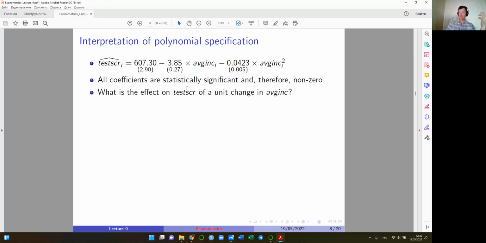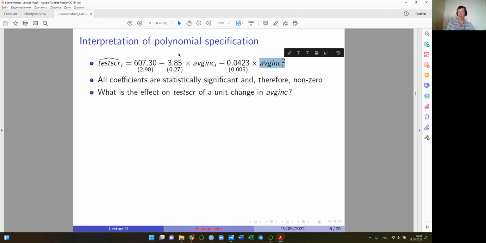So in this case, now we really need to understand what is the interpretation of these coefficients, because the interpretation is not the same as for the multiple regression model. Look, we cannot say that 385 is the decrease in the test score when average income increases by 1, measured in $1,000, holding all the other regressors fixed, because we cannot hold this regressor fixed.